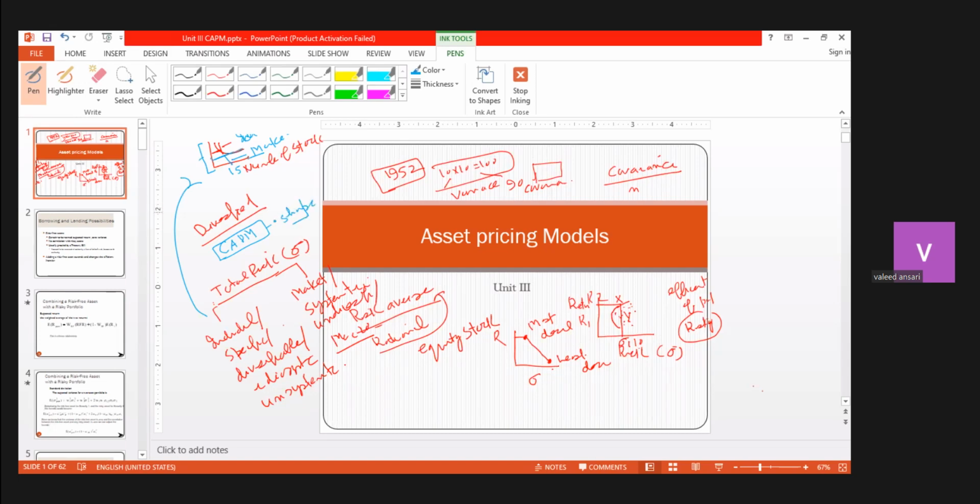So I will discuss this today, but before I come to the Sharpe CAPM model, I will take you through further development of this. Markowitz theory provided efficient portfolios for risky assets. Risky asset means the return of those assets is not guaranteed, unlike a risk-free asset. Like if you invest in a treasury bill or government securities, you will get a guaranteed return.